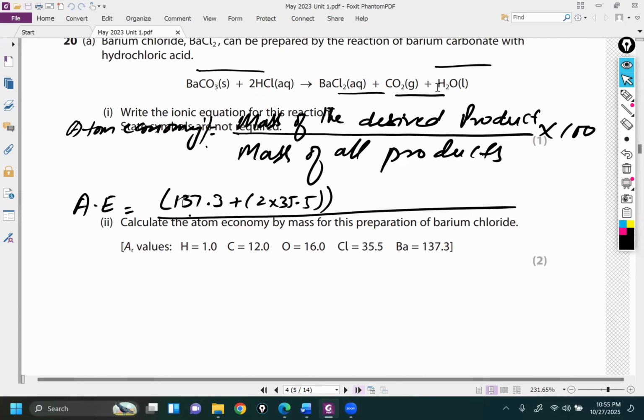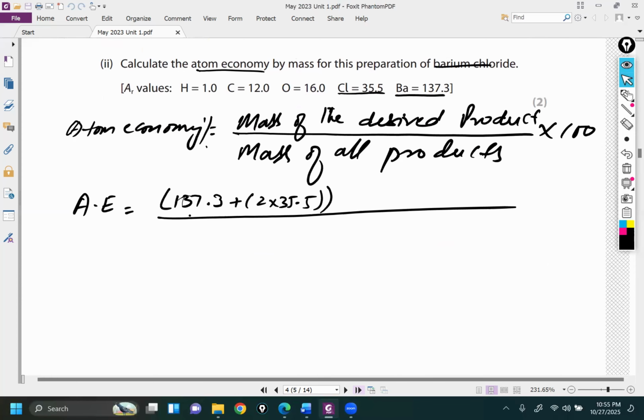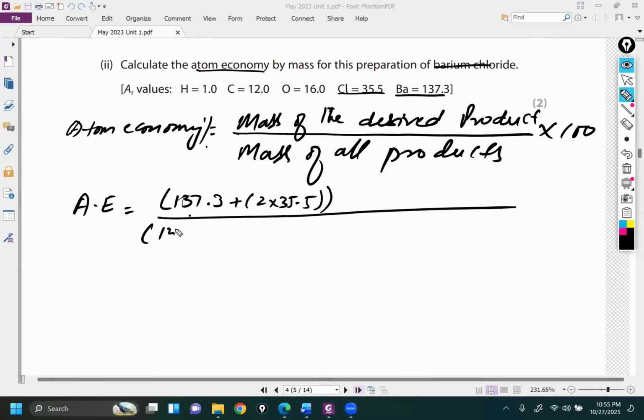Now for the mass of all the products, barium chloride will come again. So 137.3 plus 2 times 35.5, plus 1 plus 12 plus 16 times 2, this is the carbon dioxide product, and the last one is 2 plus 16, which is for water.